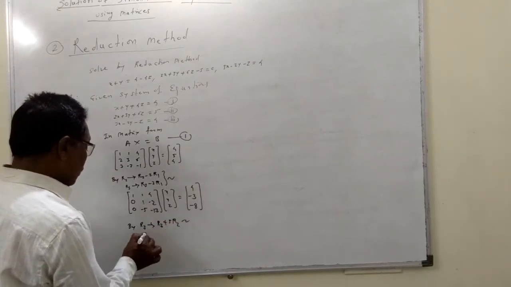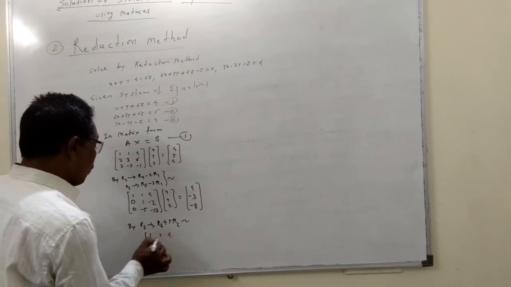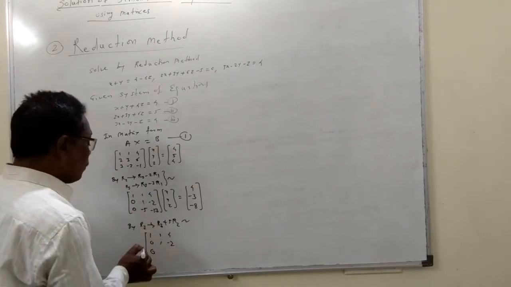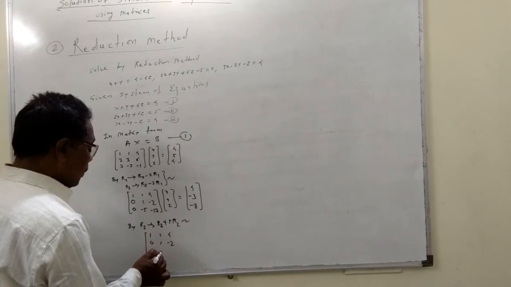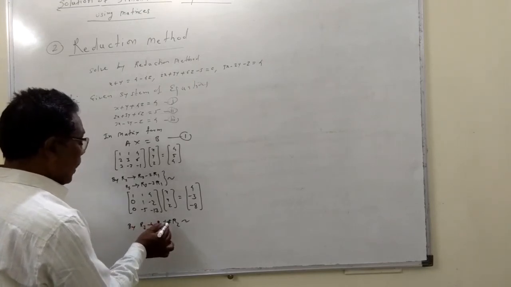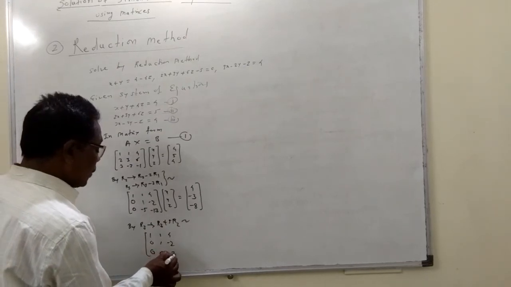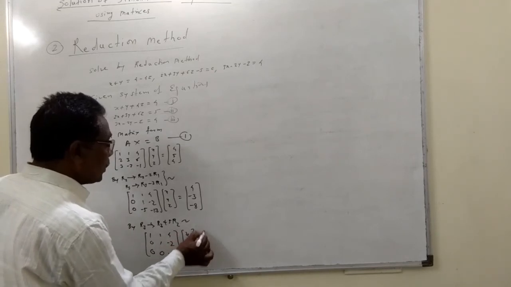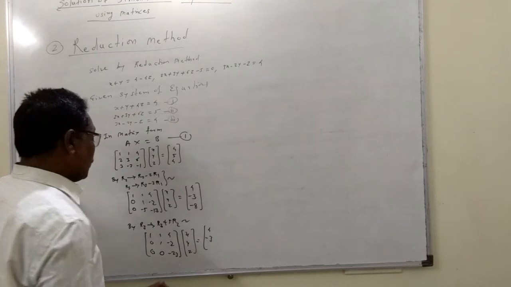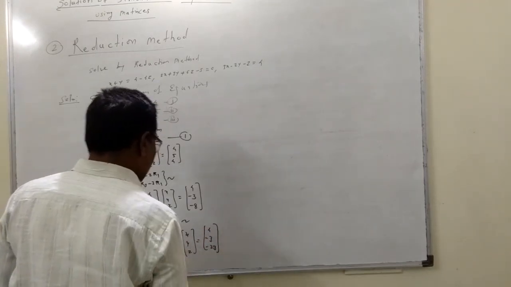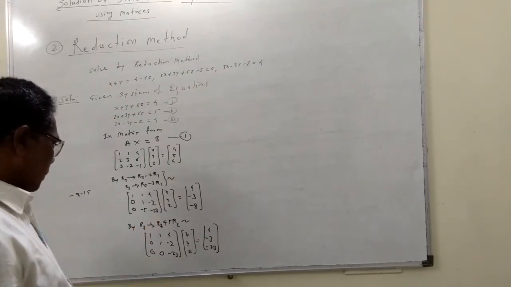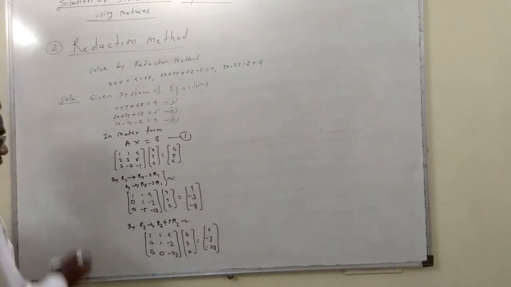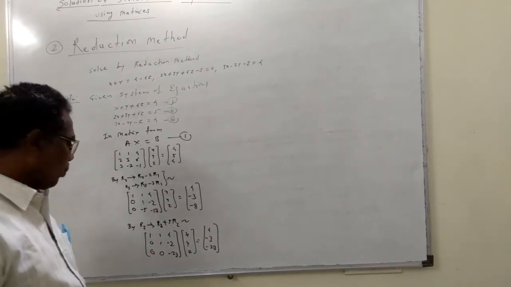So by this operation the matrix reduces to 1, 1, 4, 0, 1, minus 2, and the third row: 0 plus 5 into 0 is 0, minus 5 plus 5 into 1 is 0, minus 13 minus 10 is minus 23. x, y, z is equal to 4, minus 3, and minus 8 minus 15, so minus 23. So this is the matrix reduced to the upper triangular form.